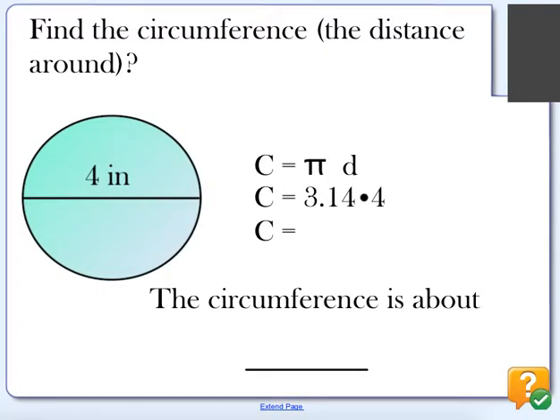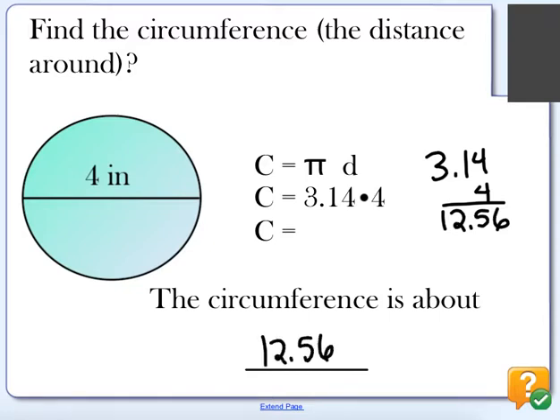So let's try it out on this one. If we have a circle that has a diameter of 4, we can say pi times the diameter, or 3.14 times 4. So we do 3.14 times 4, which is 12.56. So we can say the circumference is about 12.56. And since we're talking about perimeter, we're just in inches.